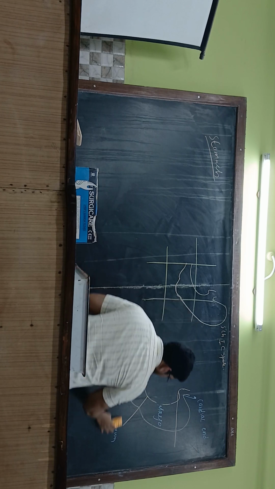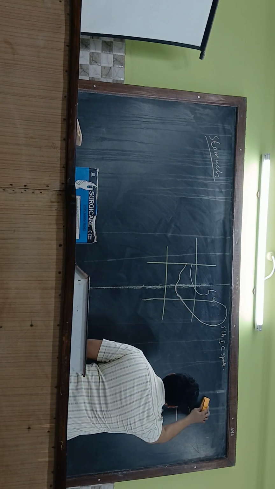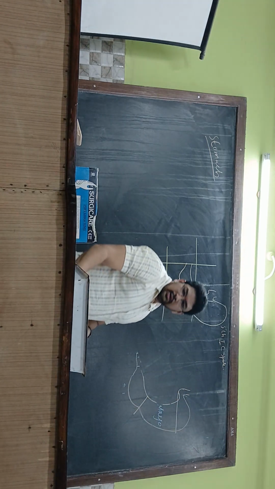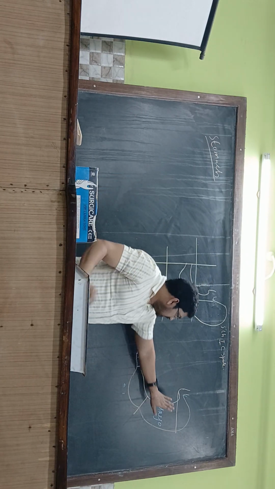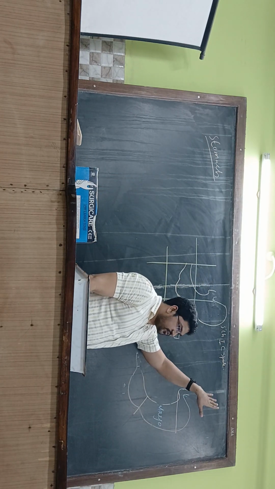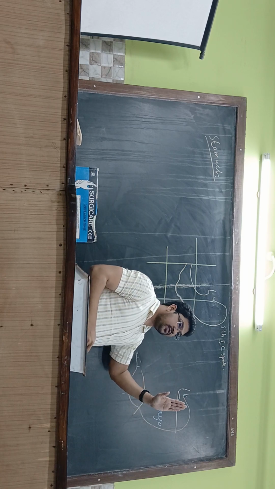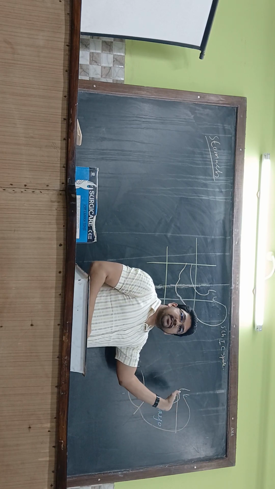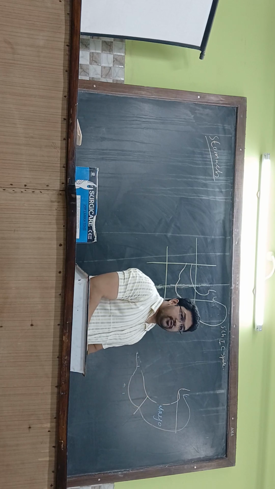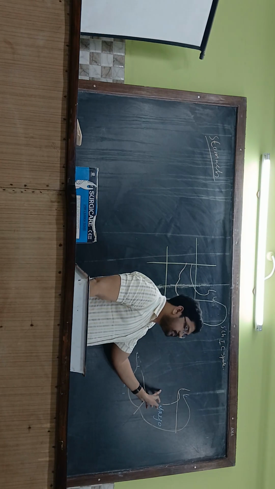And what are the surfaces and borders of the stomach? Antero superior surface and posterior inferior surface. These are not anterior surface and posterior surface. Antero superior surface and posterior inferior surface. And what are the borders of the stomach?